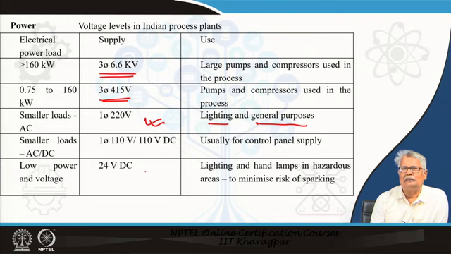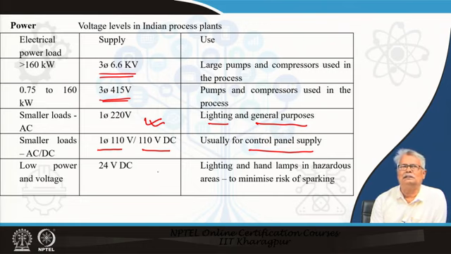You will normally have in a large industry some amount of single phase 110 volt, because quite a few, particularly American instruments, require this single phase 110 volt supply for their control panel. Similarly, you may require 110 volt DC for the control panel of some of the instruments. It depends on what type of control panel instrumentation you have, and normally the control panel supply will be 110 volt single phase or 110 volt DC, or it could be a combination.